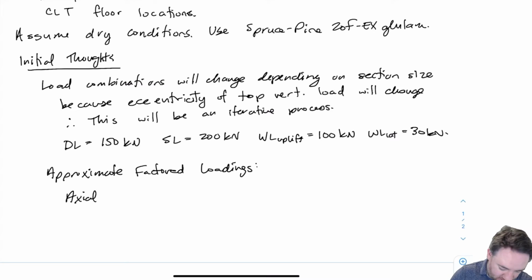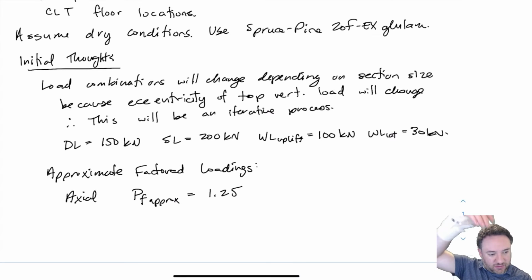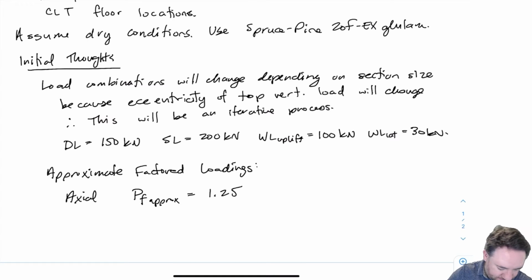So for example, P_f approx might be, since we have dead and live load, and I'm talking about the axial load on the column here, and the wind acts counter to that, let's just look at the maximum overall compression load that we're going to get if we just do 1.25 dead plus 1.5 times snow.